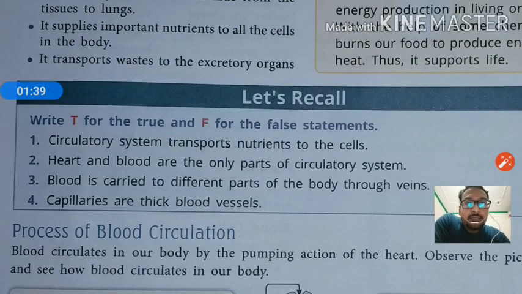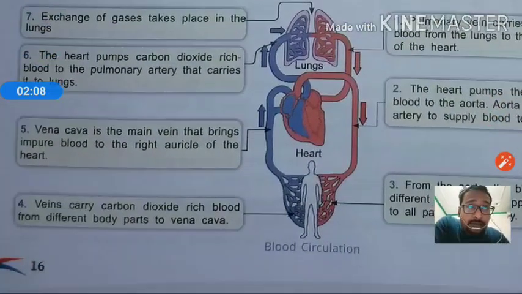Number 3, the blood is carried to all parts of the body through veins. As you know, veins carry deoxygenated blood. They take the deoxygenated blood from the organs and cells everywhere and bring it back to the heart.